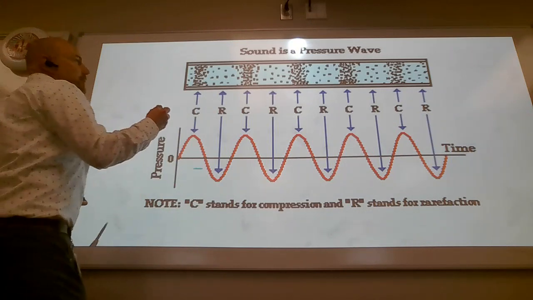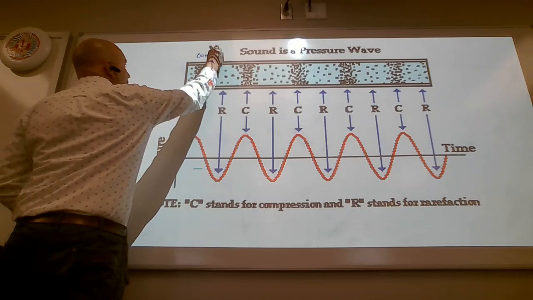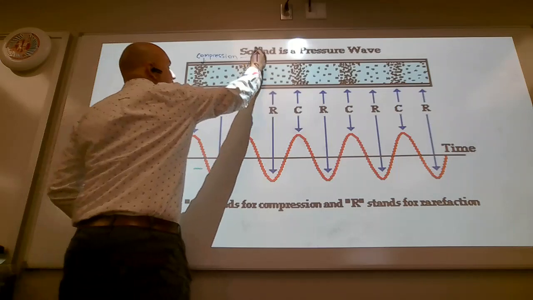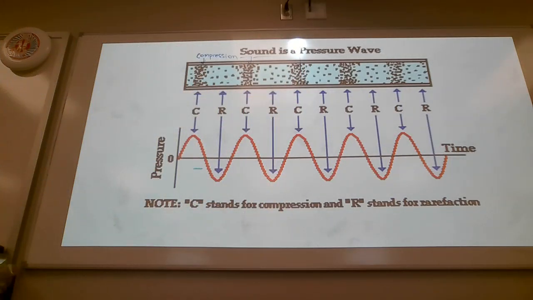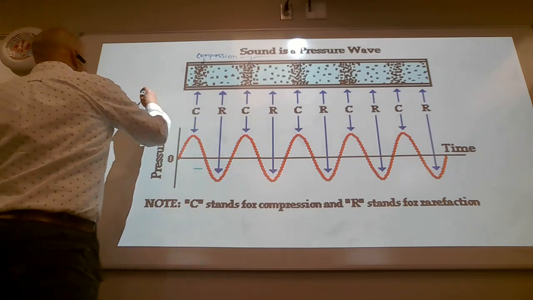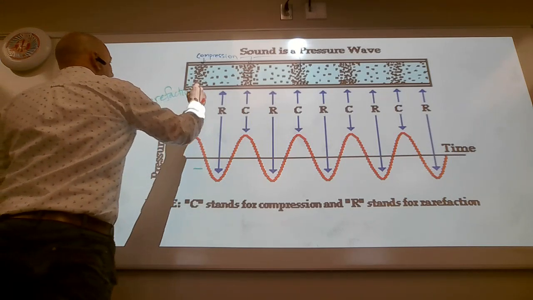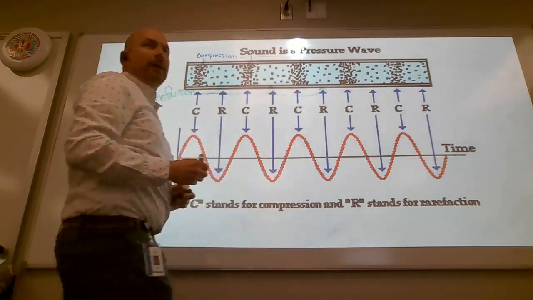There are certain parts of a longitudinal wave. This is known as compression here. This point, this point, this point, compression. Not too hard to understand why. Places that are not compressed, the spread apart parts, are known as rarefaction. So like here, here, here, those are rarefaction.